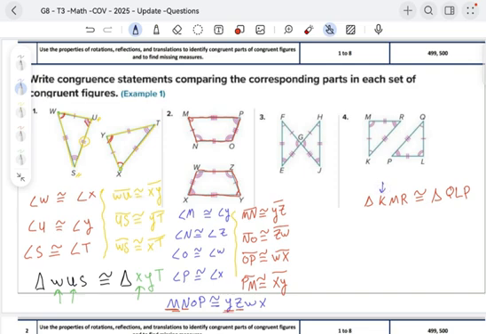Like angle K is congruent to angle Q, or angle R is congruent to angle P. Or you can say segment KM is congruent to segment QL, first two with first two. Or we can take the last two, MR with LP, also they are congruent. Or you can say RK with PQ, also they are corresponding and congruent to each other.